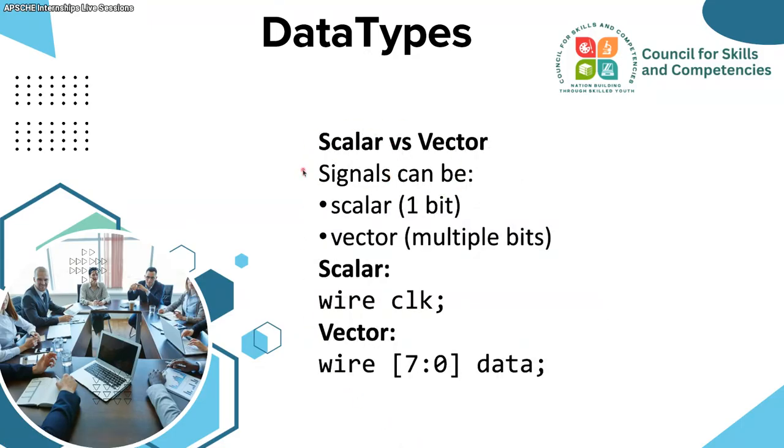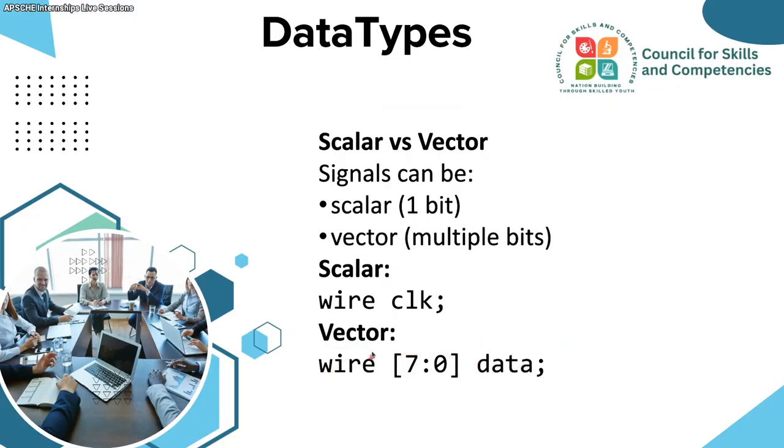Now we will try to understand scalar and vector. A signal can be scalar, that means only one bit. A vector is multiple bits. A scalar, for example a clock, is one bit, either high or low. A vector is, for example, data of 8 bits.